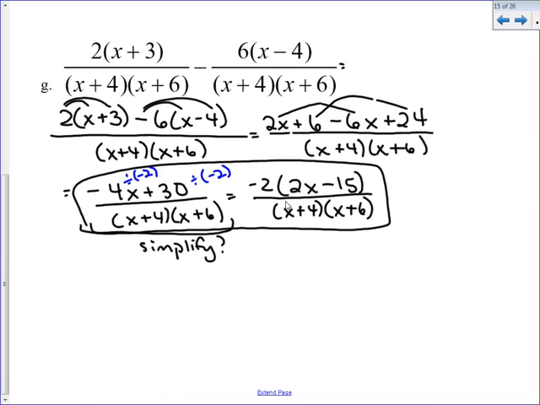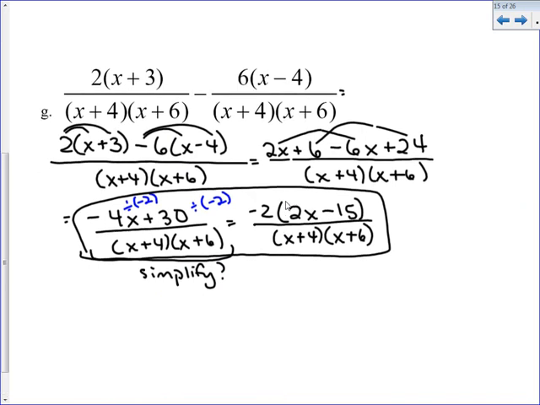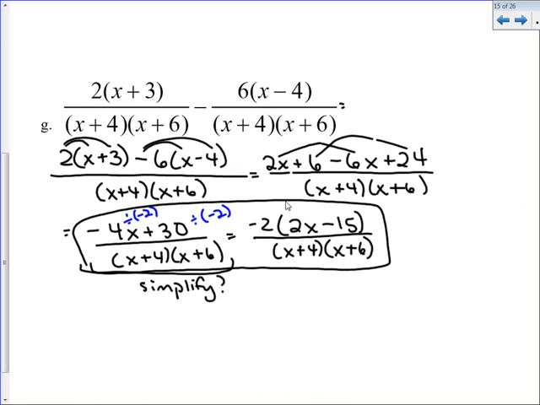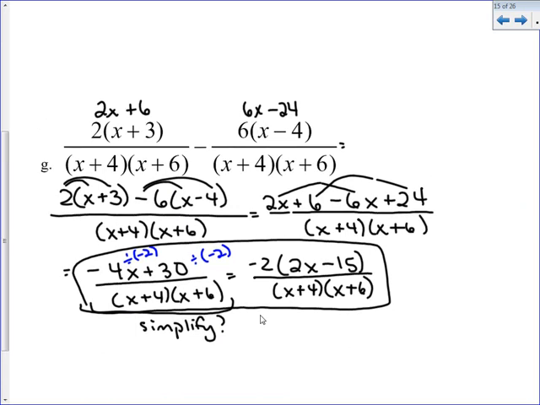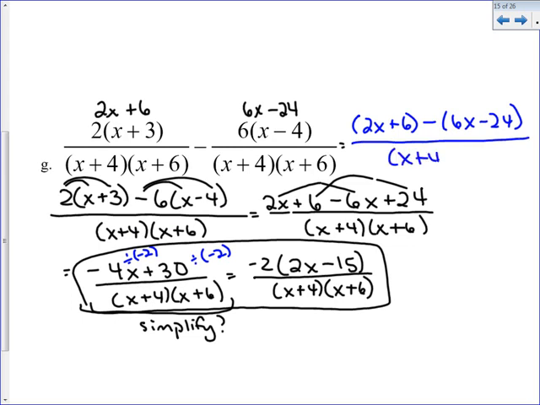So your other option on this problem is to start by multiplying out your numerators. So if you start with your distribute, we have 2x plus 6, and then 6x minus 24. And let me put this in blue. So if you start out by distributing, then it will look like our other problems where you take the first numerator, in blue here is just another option, minus the entire second numerator, all over x plus 4, x plus 6.